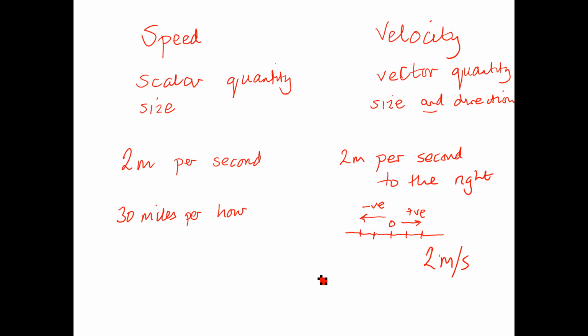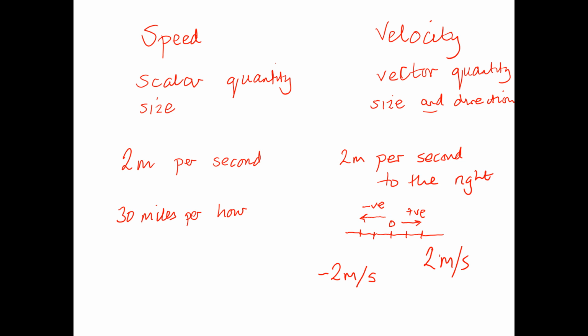I'm therefore moving relative to my starting position at minus 2 meters per second. Wow. 2 meters per second to the right is 2 meters per second. 2 meters per second to the left is minus 2 meters per second. This minus tells us the direction.